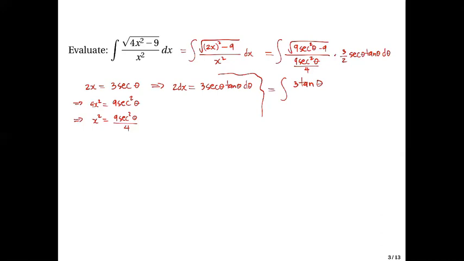And then we still have this guy here, over 9 secant squared theta over 4. And then in here we have 3 halves. Let's cancel the secant and one of the secants here, and also cancel the 2 and the 2.